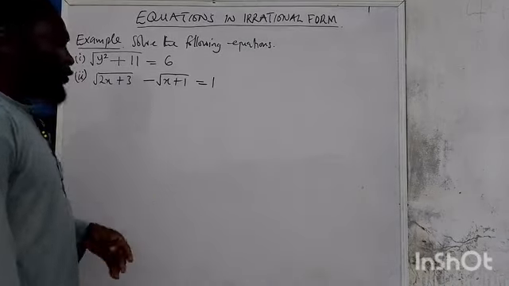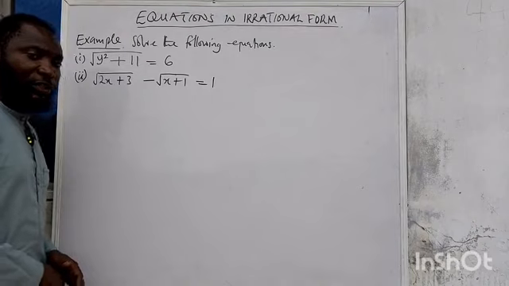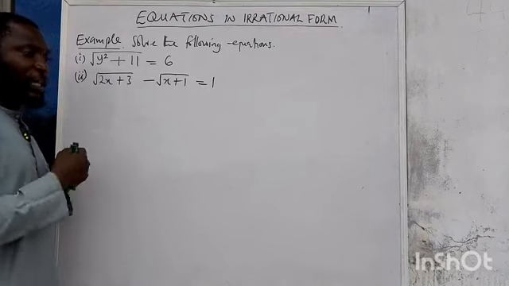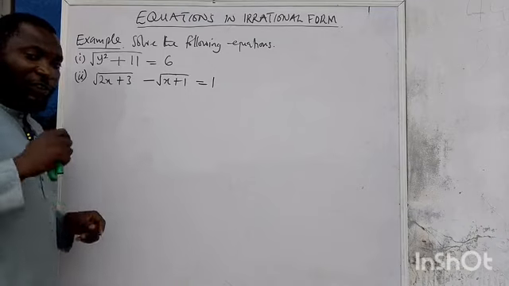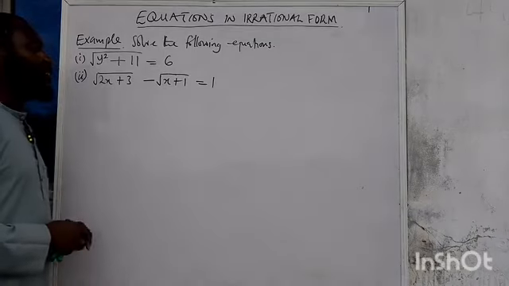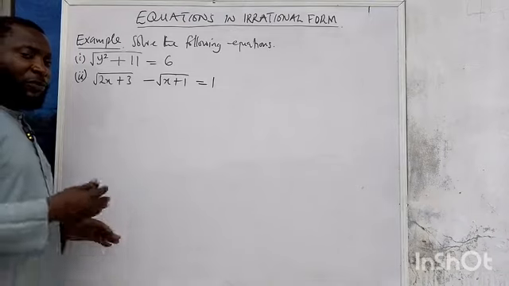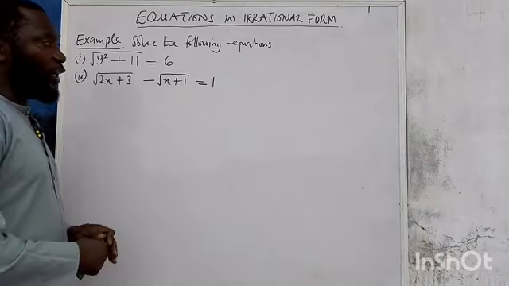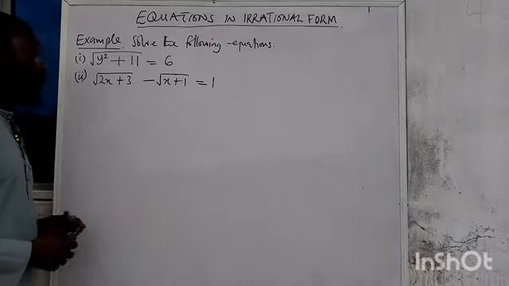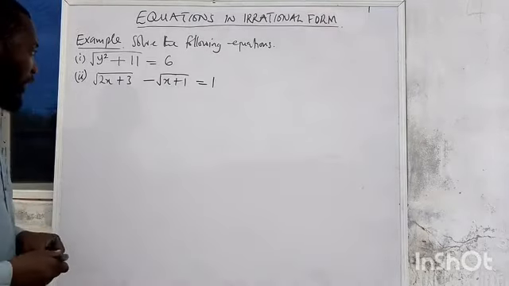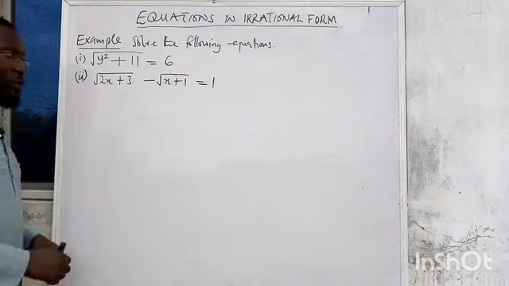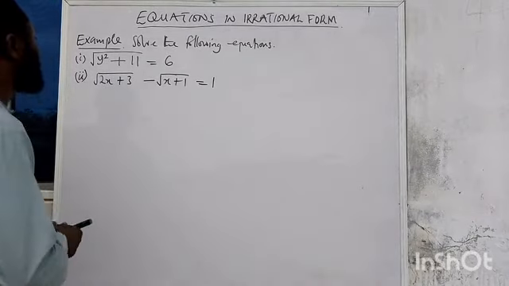By the time we solve these questions, when we get to that stage, if that choice is wrongly made, then you see how the person continues to make the work tedious. So now let's take this example. Once we get there, in these two examples, we shall see what I mean by that.